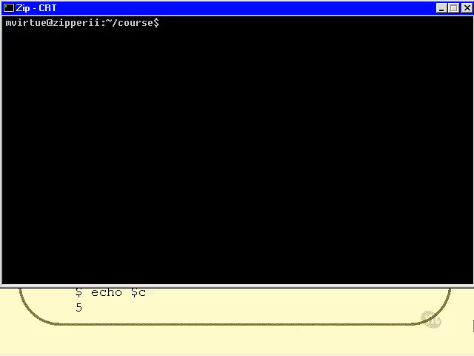What we'd really like to be able to do is just go a equals 15 and b equals 3, and what we'd like to be able to do is c equals, say, $a divided by $b, but you can't do that.